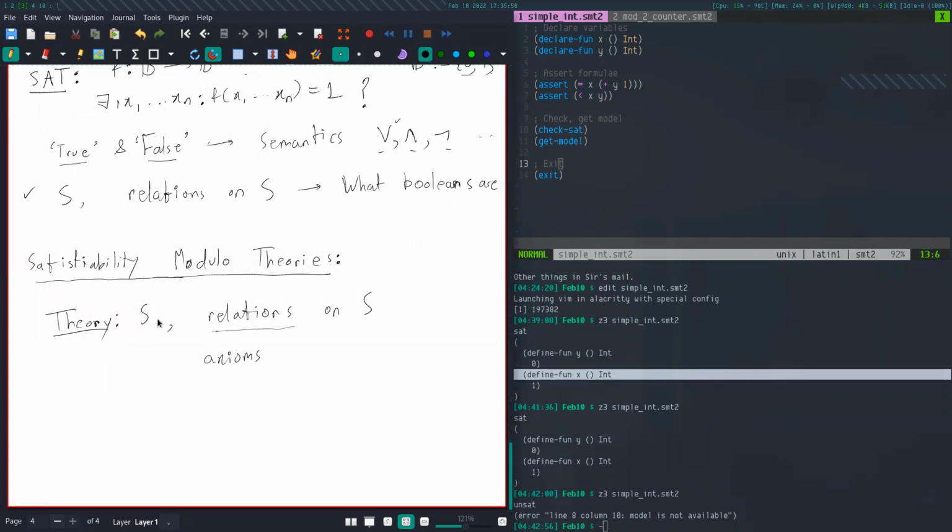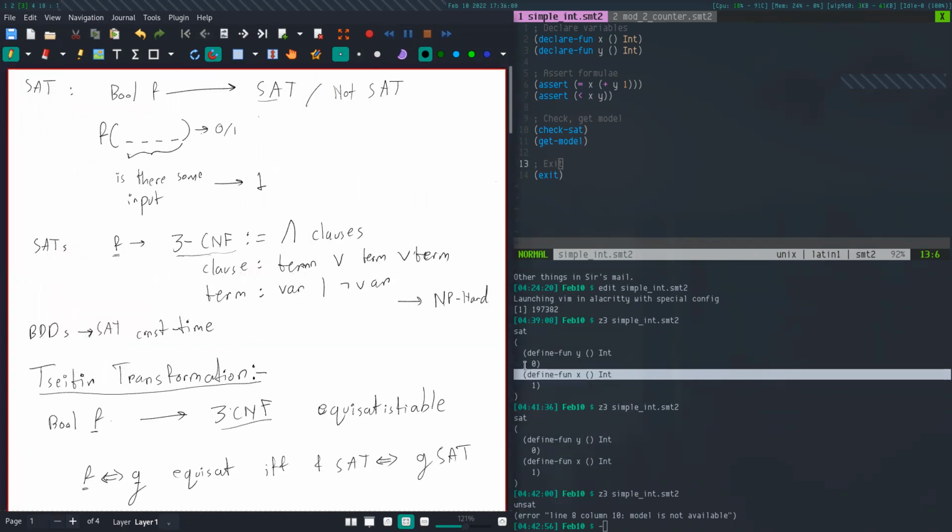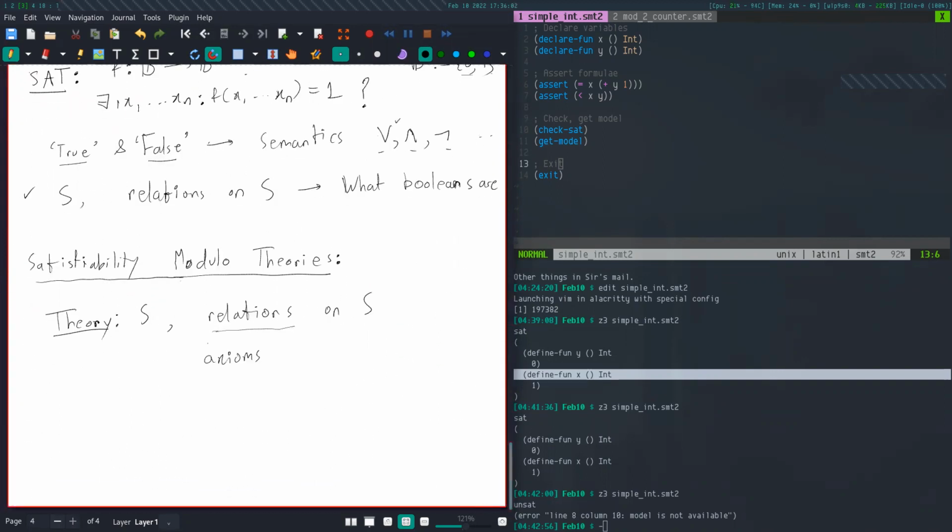For integers, you can have things like your set will be natural numbers and axioms maybe like Peano arithmetic or something, right? So, two examples. S is equal to B, and the relations are and, or, not, right?